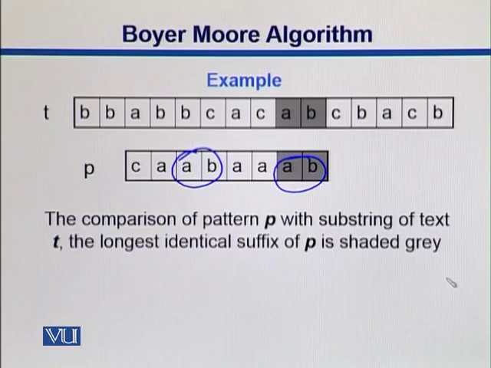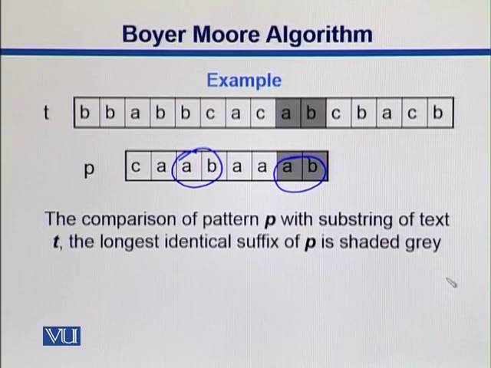The first thing it does is process the pattern first, somewhat similar to the prefix function in KMP, and tries to find the longest suffix which is duplicated or triplicated within the pattern, how many occurrences it has, and then it stores that information, the way it's stored in the prefix function.